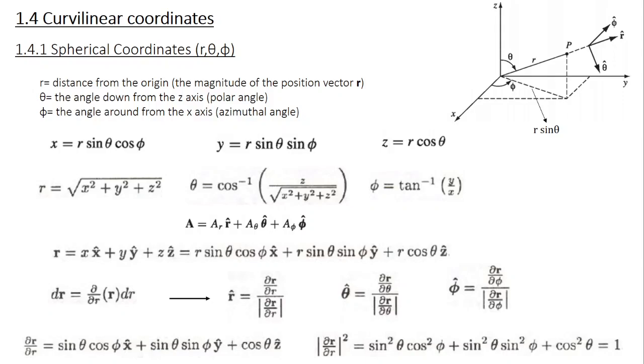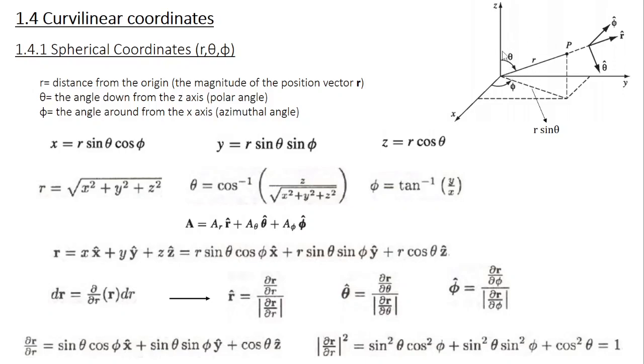Now let's quickly establish the relation between these spherical coordinates and our normal Cartesian coordinates. So this is the r vector and this angle is theta. Quickly you can write the component along the z direction is nothing but r cos theta. This is straightforward.